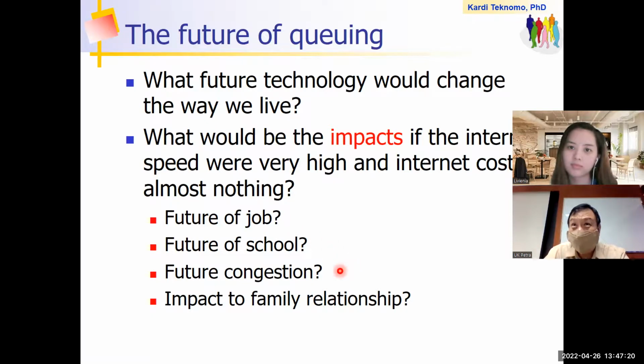So the government job nowadays, when they create infrastructure in terms of roads and so on, probably that is not correct anymore. What they need to improve is actually the internet infrastructure rather than the road infrastructure. In fact, several countries start to combine telecommunication and communication with the Department of Public Works.